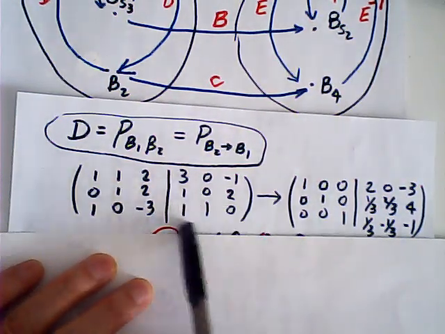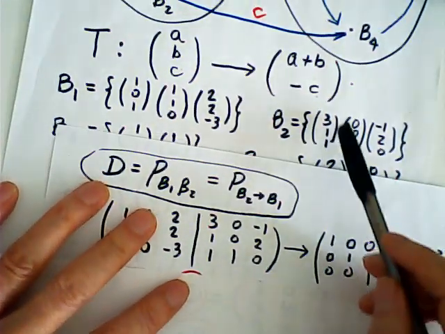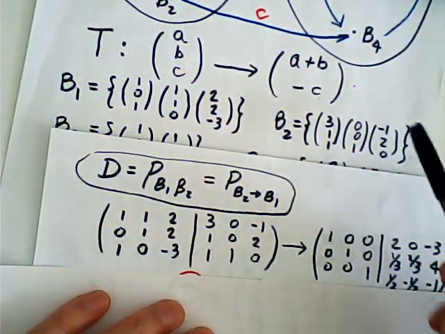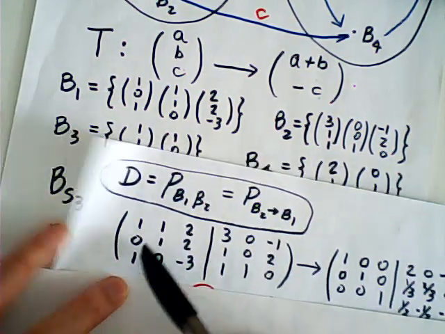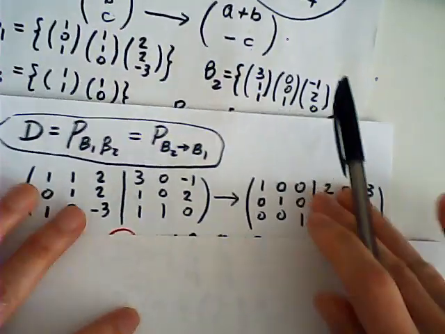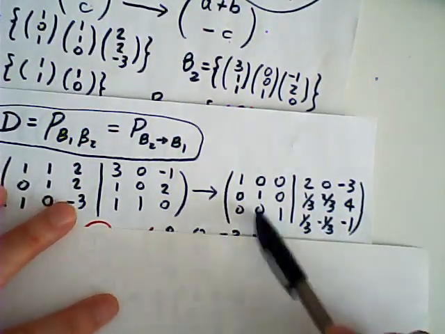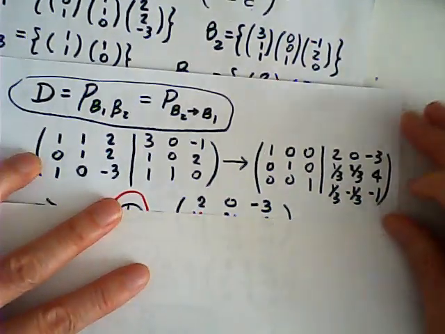You write the B2 here. B2 is there. 3 1 1 0 1, minus 1 2 0, 3 0 0, okay, this is B2. We write the B1 here and perform row operations until this side is identity, or reduced row echelon form.